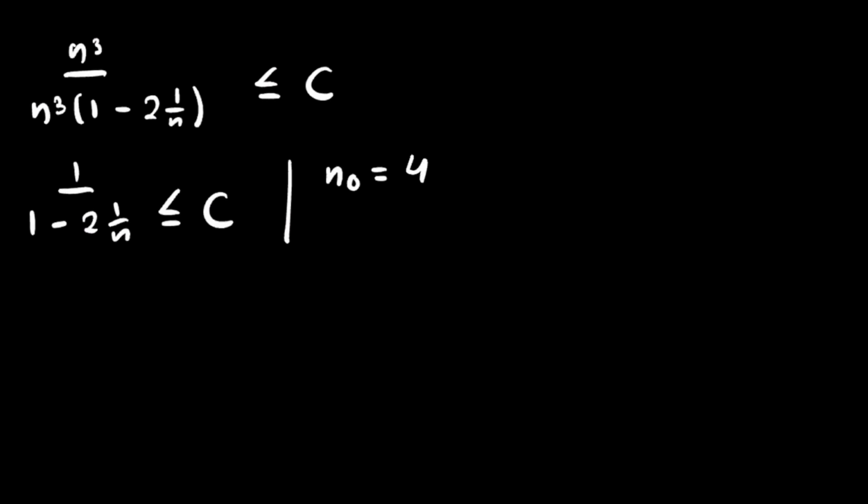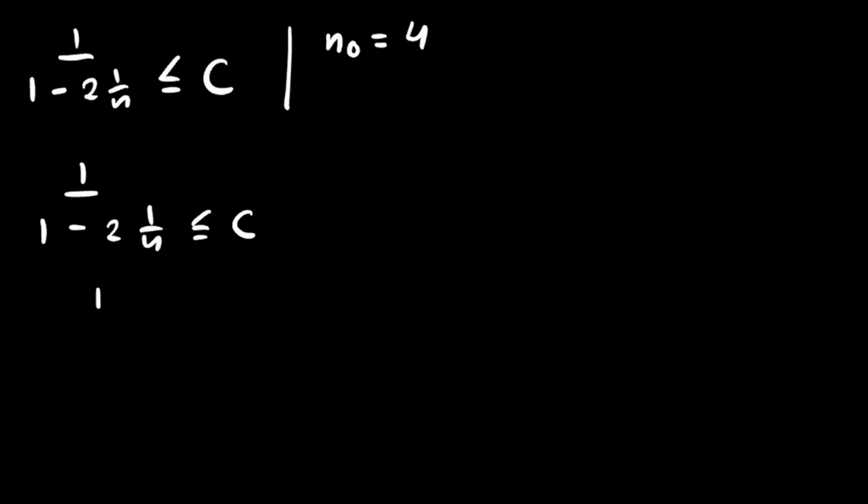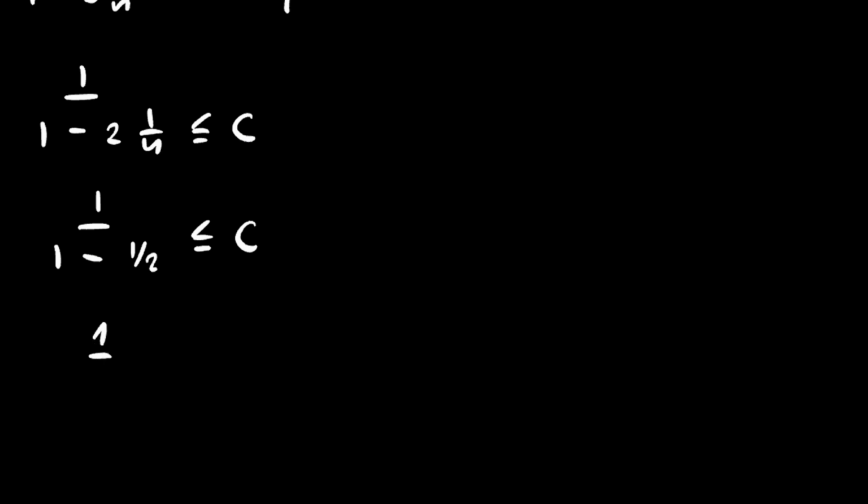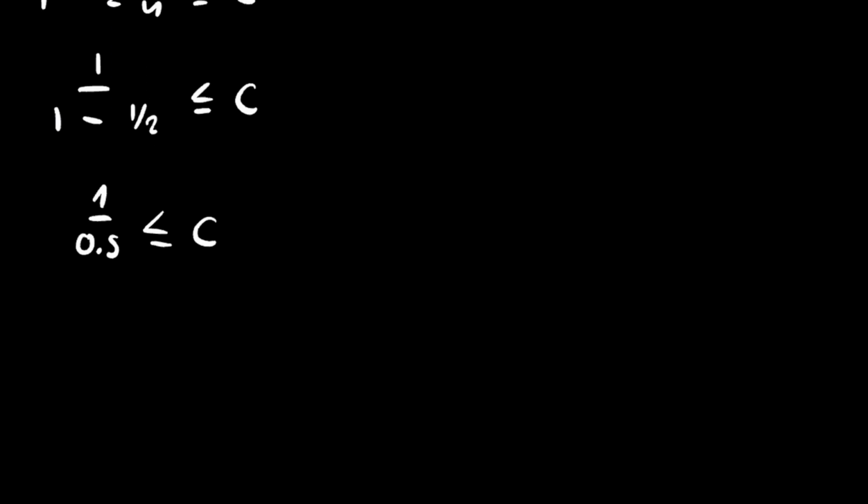So let's do 4, for example. We're going to do 1 minus 2 times 1 over 4, times c. And then we're going to have 1 minus 1/2, basically, which turns into 1/2. This is going to be 1, and this is going to be 2.